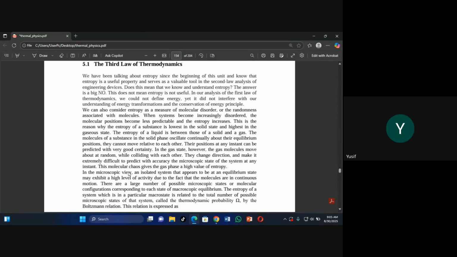The uncertainty of locating a molecule in a gaseous system is very difficult. Let me put it this way: you are coming from Accra to Cape Coast, and the road is just one way, the main road that you know.